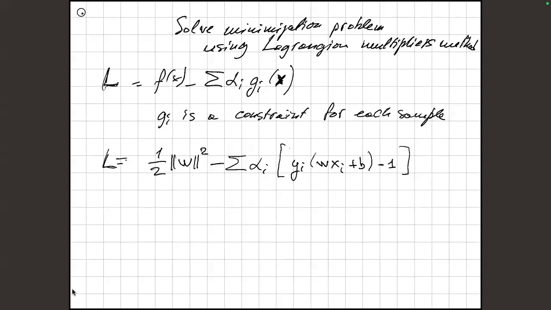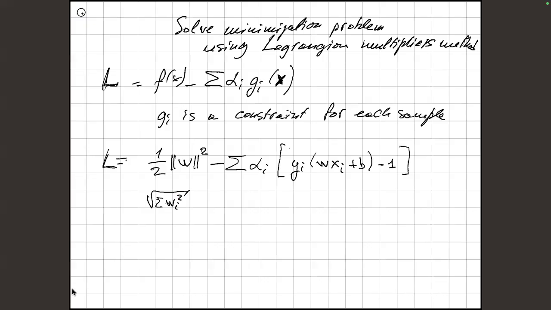Again, for you who want to verify, this norm over here, the squared norm. Remember, it is the square root of the sum of the w i squares. Is that correct?